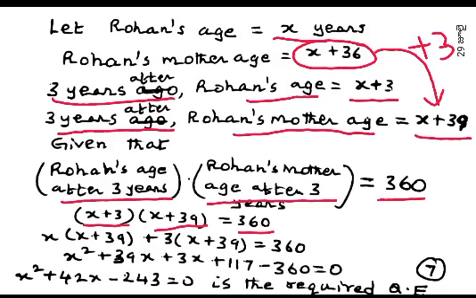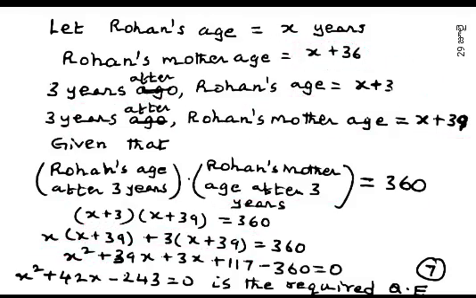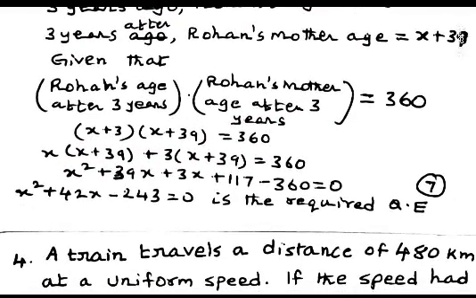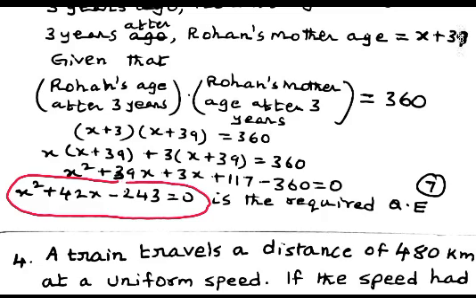From this, we get a quadratic equation x square plus 42x minus 243 equal to 0.